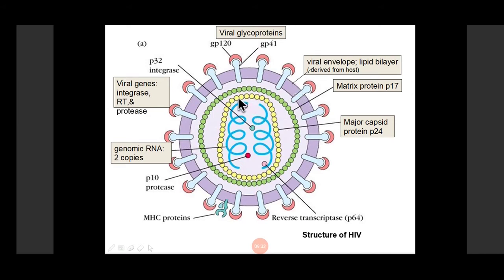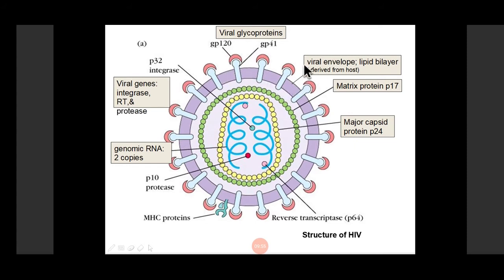So the viral particle is this: the yellow viral genome surrounded by the major capsid protein or P24 is the viral core. Outside this is the matrix protein. Outside the matrix protein is the viral envelope, which is the lipid bilayer derived from the host.